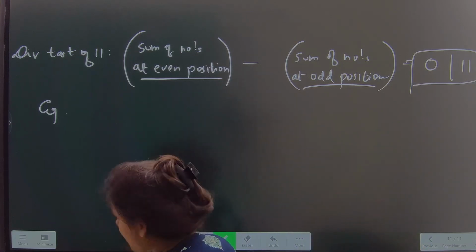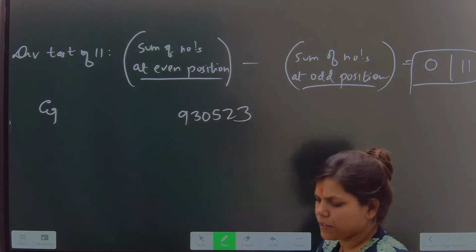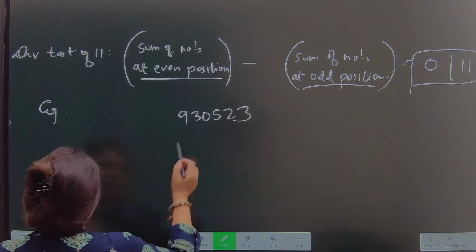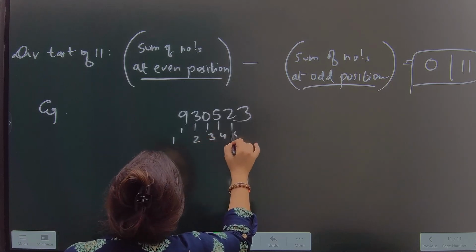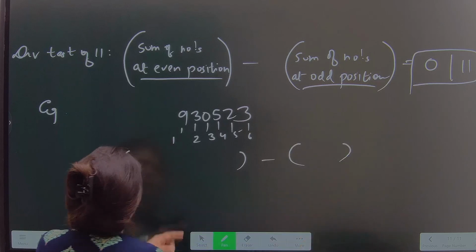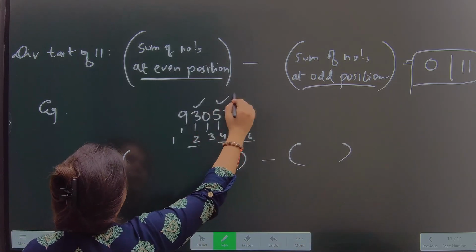It's 930523. Now you need to check whether it is divisible by 11 or not. So this is the first position, this is the second, third, fourth, fifth and sixth. So the numbers at the even position are 3, 5 and 3.